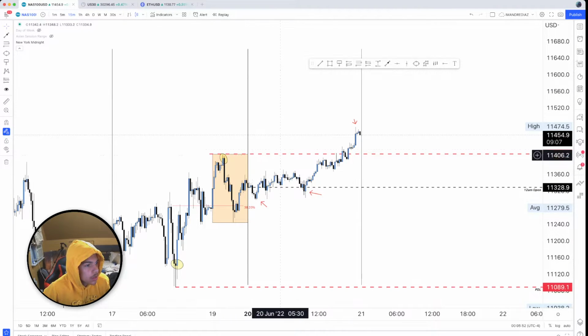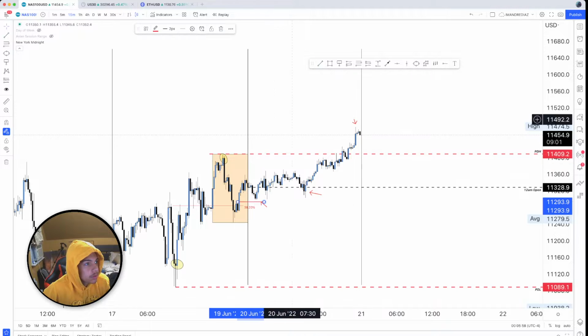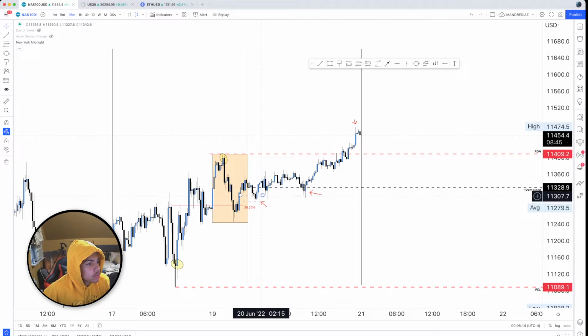We got the low of the day after price did what? If you look to the left right here, price came into this fair value gap that we have right here. I'm going to make it just dotted and gray. So we came into this fair value gap, filled a little bit of it right in there before eventually pushing to the top side.